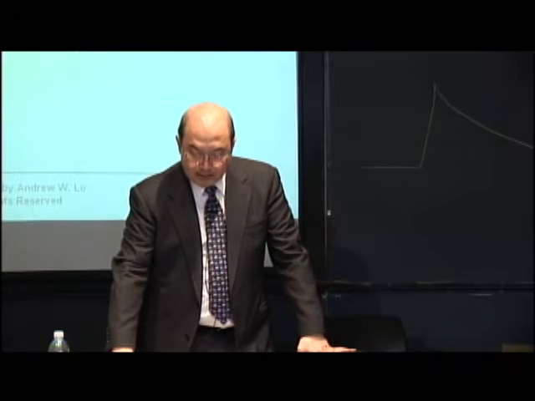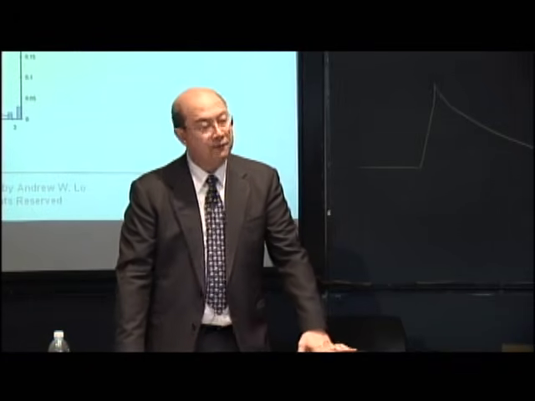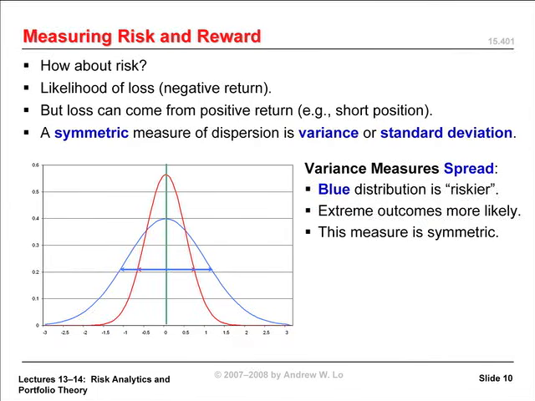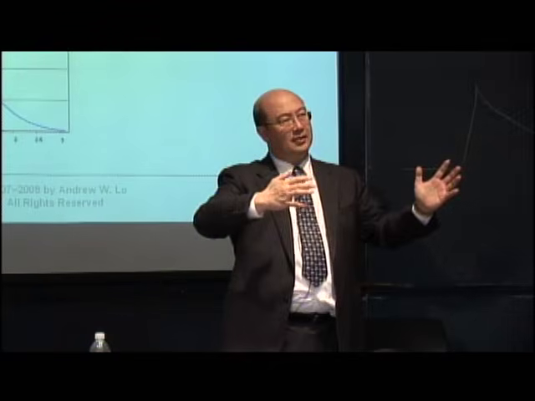And the way we're going to measure risk is in terms of the volatility or standard deviation. Now here again, there's lots of ways of measuring risk. We can measure by the upper quartile, the 5% loss or spread. But in fact, what we're going to use is this standard deviation measure. For symmetric distributions like the normal, it turns out that that's not a bad measure. But some people have argued that by looking at spread, you're confusing the upside with the downside, right?